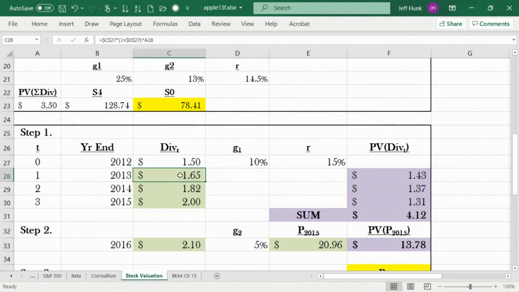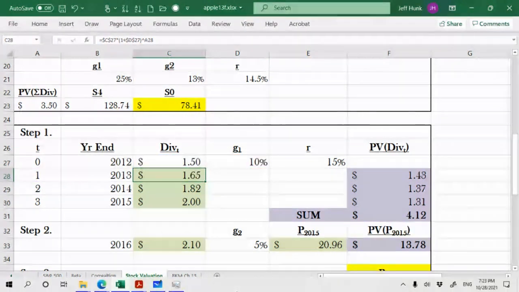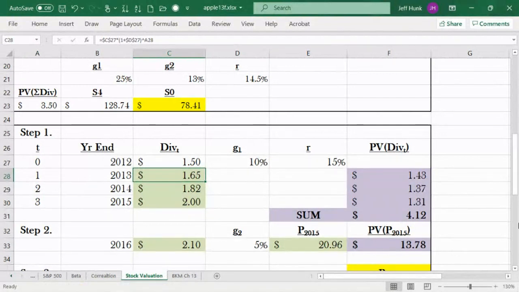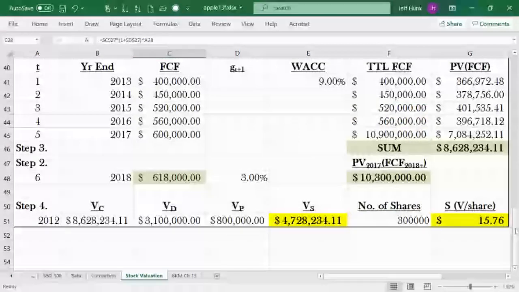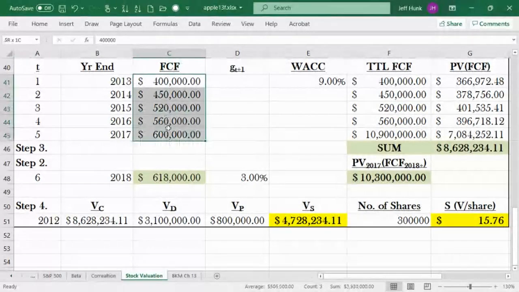So we could use the growth rate to generate the forecast of the dividends in the following years. But here in this example, they were given, so it's easier. We don't have to generate any forecast.